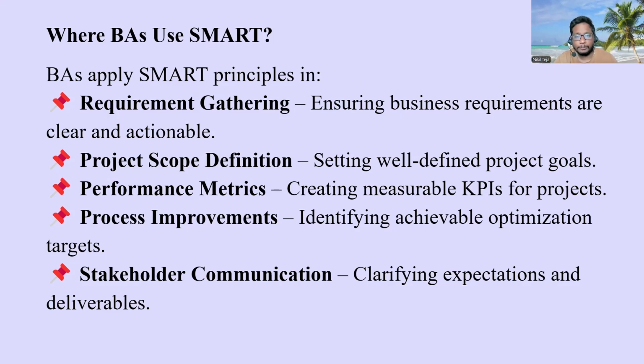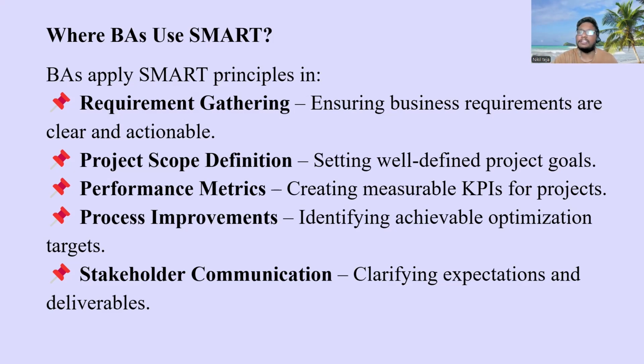That is nothing but identifying achievable optimization targets, and stakeholder communication. So in order to communicate with the stakeholders, if you follow the SMART framework, we can communicate with them clearly. We cannot call it fluently, but we can communicate clearly, right?